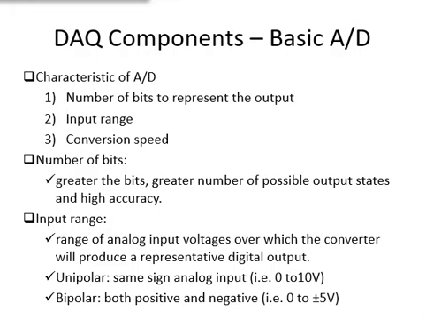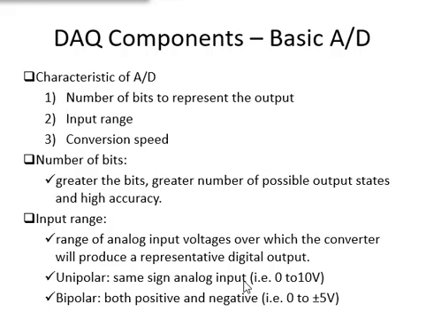The input range of an AD converter is the range of analog input voltage over which the converter will produce a representative digital output. Input voltage outside the range will not produce a meaningful digital representation of the input. The input range of an AD converter can be classified as unipolar or bipolar. A unipolar converter can only respond to analog input with the same sign.